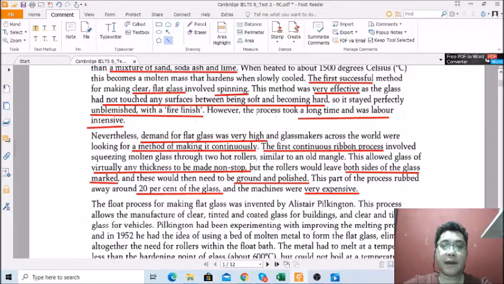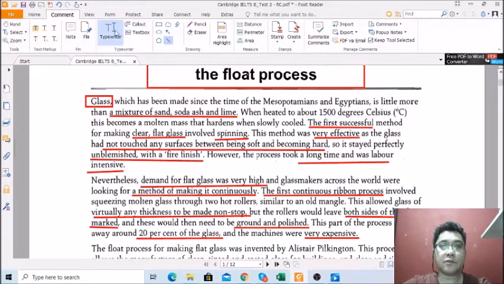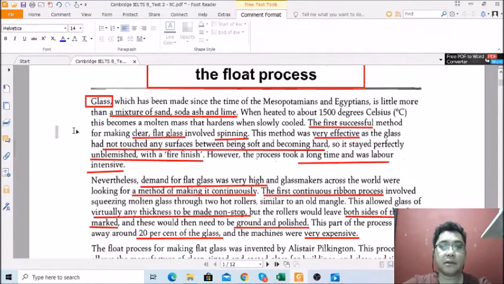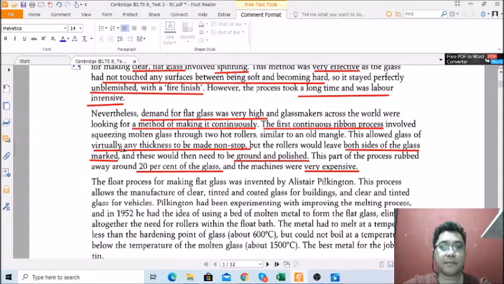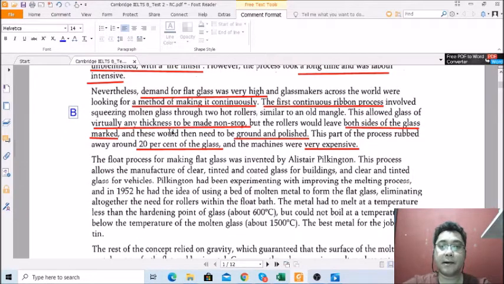And before I forget, it's very important for you to alphabetize your paragraphs. So this is paragraph A, and this is B. Just to give you a way to search for information faster.